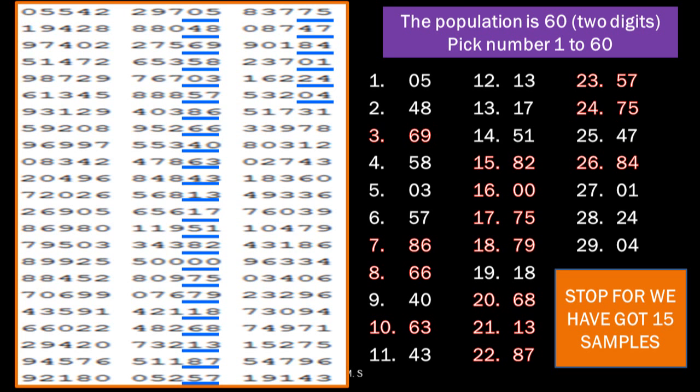So from these 29 numbers, 14 are discarded because some of them are out of the population or bigger than the population, and some of them because they are double. So this is how you take the sample by applying a generated number table.